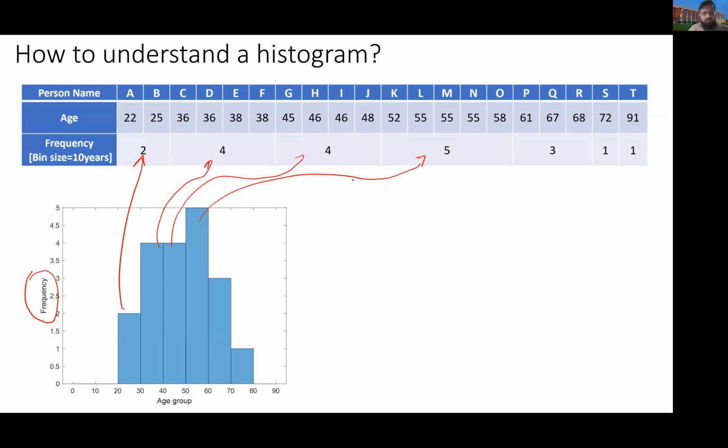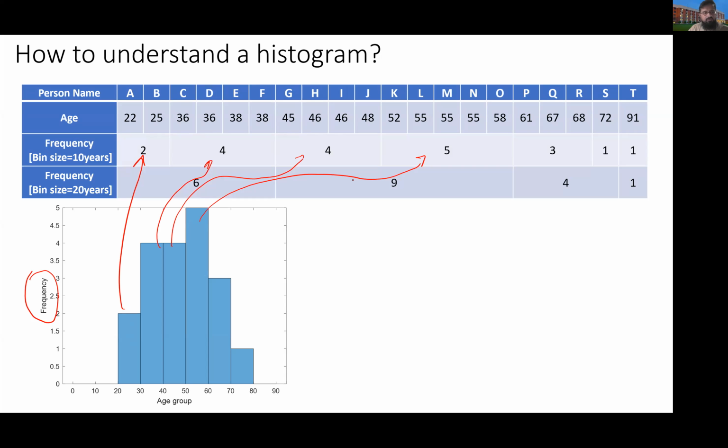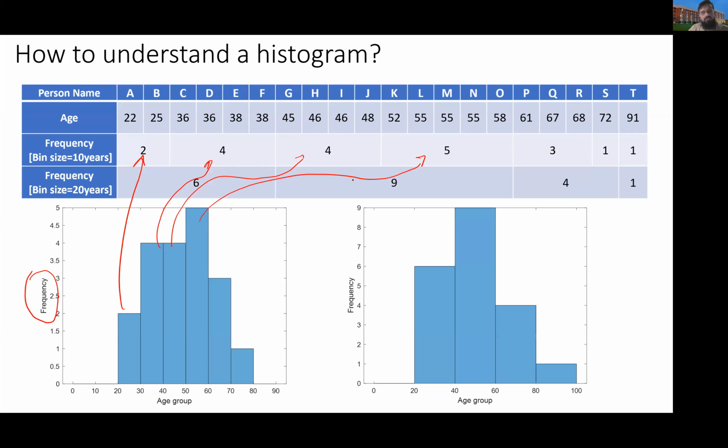You can also choose a different bin size. If I choose a 20-year bin size, I will have a different kind of distribution. But if you have plenty of data, then the bin size is less important. It's important, but it doesn't affect the shape of the distribution too much.